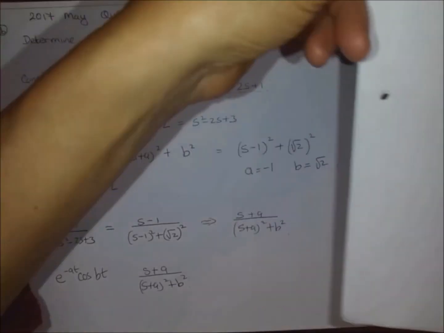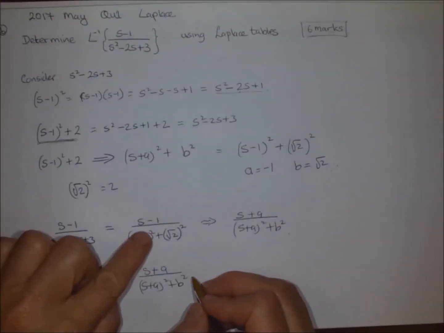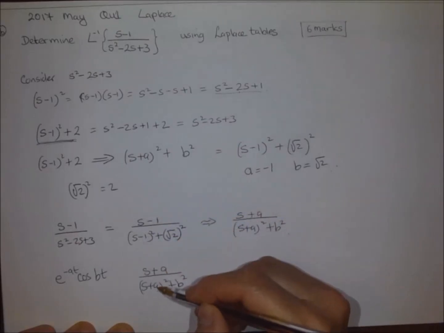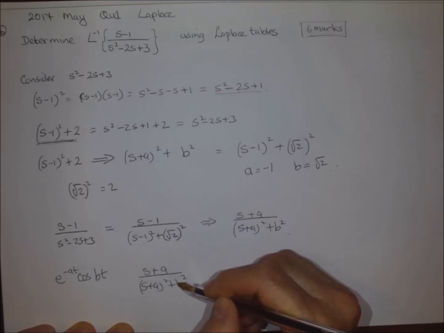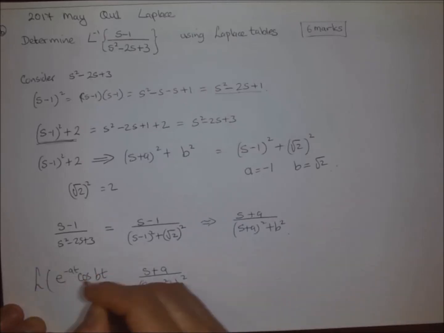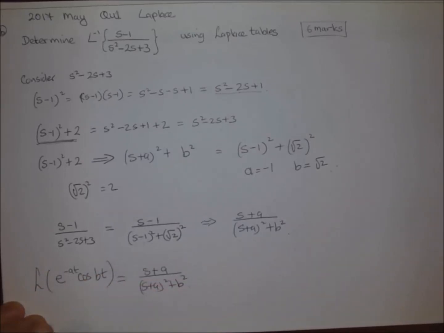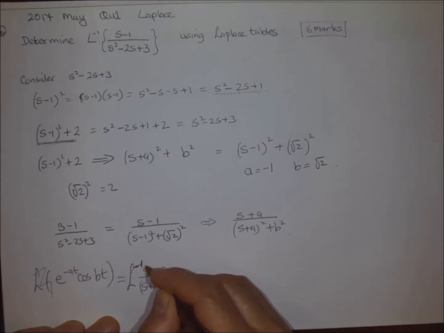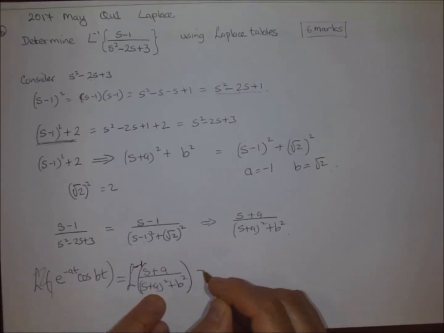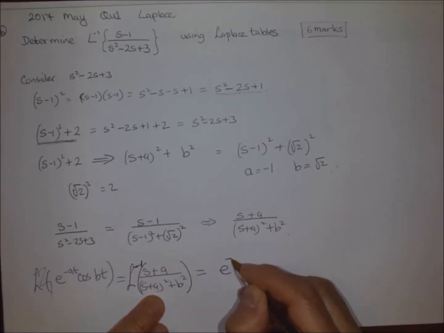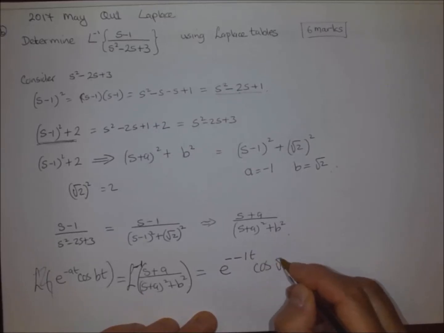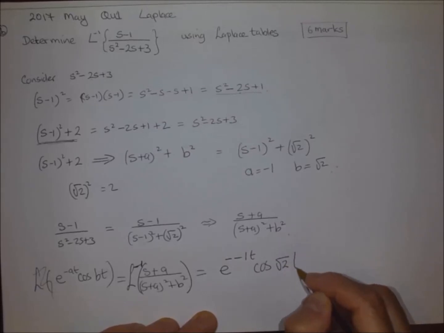We have identified that for our function here, a is minus 1, and b is the square root of 2. So when we do the Laplace transform on that, it goes to this. But we're doing the inverse Laplace transform. So if we do the inverse Laplace transform on this, we will get e to the minus 1t times cosine the square root of 2, which is the b, times t.